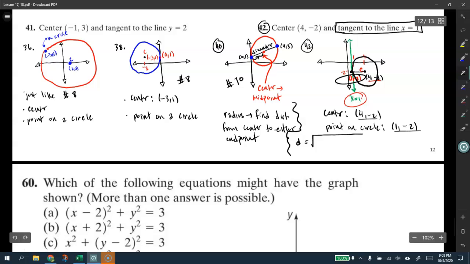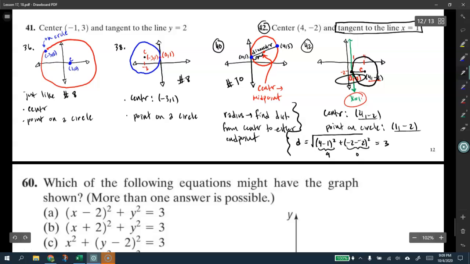But if you did not notice that, here it is: 4 minus 1 squared plus negative 2 minus negative 2 squared. That gives you 3 squared, which is 9, and negative 2 plus 2, which gives you 0. So altogether, the distance would be 3.